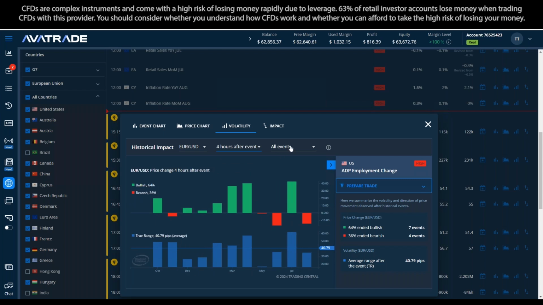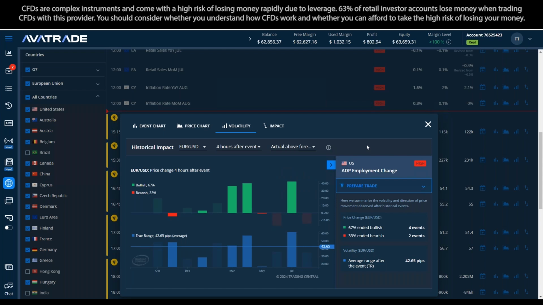And we can qualify all events or only if they came in above or below forecast. You tend to get more predictable movement if the numbers come in worse than expected or better than expected. So if we look at the ADP employment change, advanced data payroll, and we say, okay, if this comes in above forecast, how has the market responded in the past with the Euro USD?